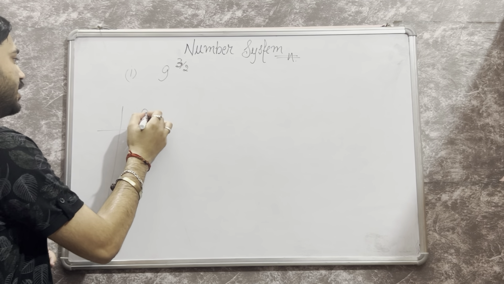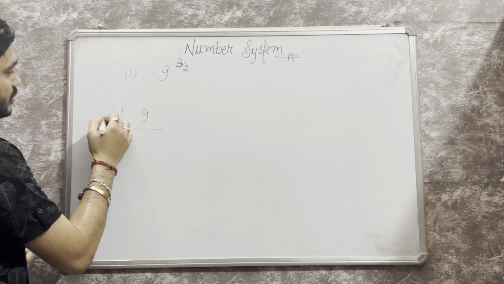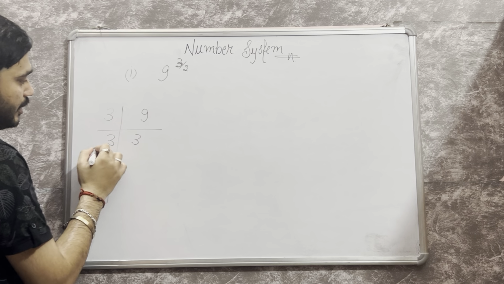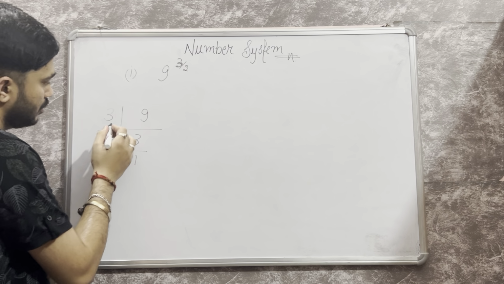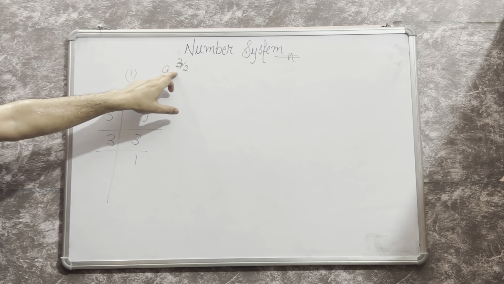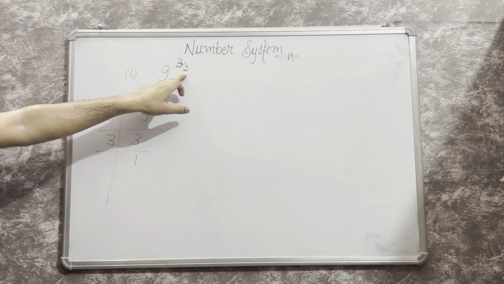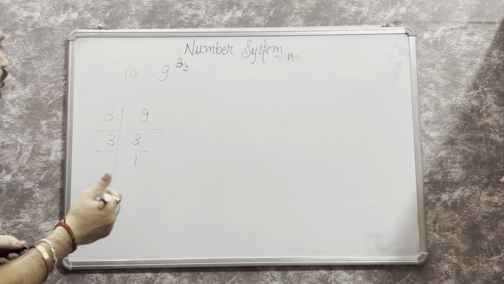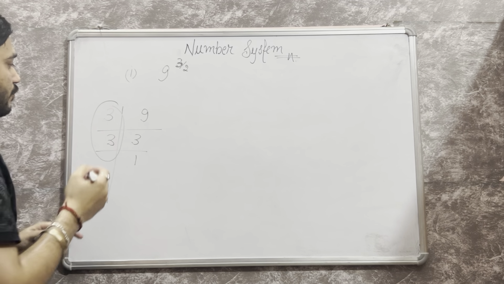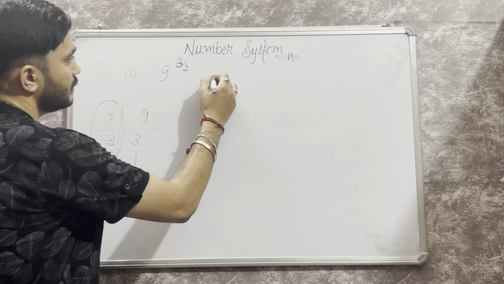Take the base number again, that is 9, and prime factorize. 3 you will get 3, 3 you will get 1. So we have 3 into 3, that is 9. Now look at this power, that is 3 divided by 2. Take the denominator of this, that is 2. So we are going to pair 2 3s into 1, and you will get the answer as 3.